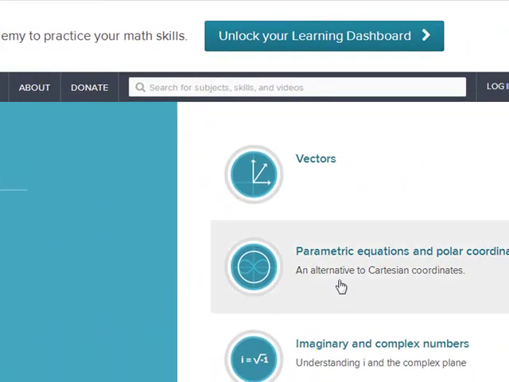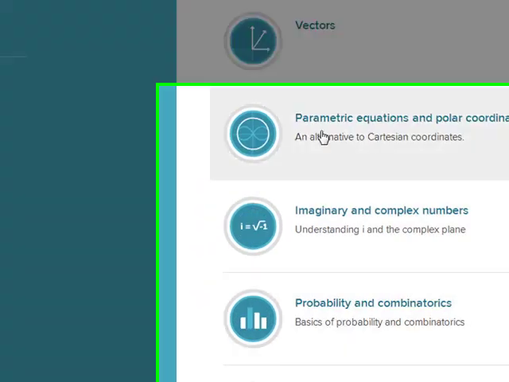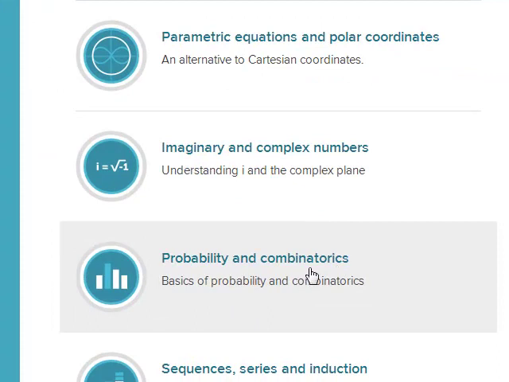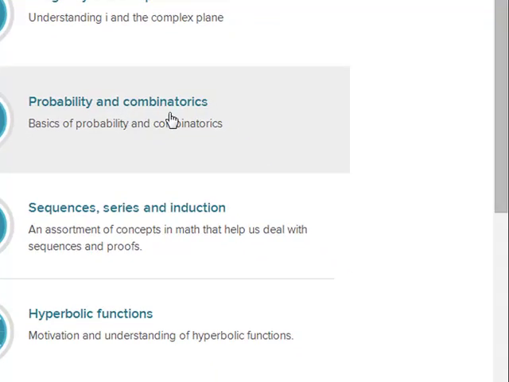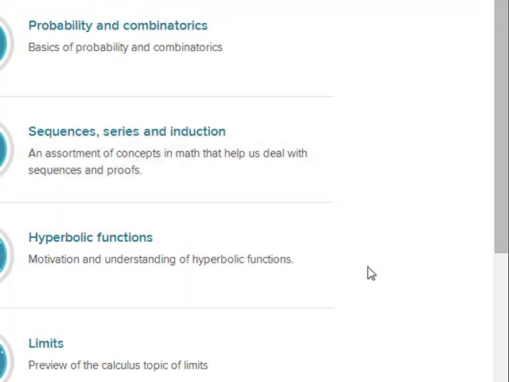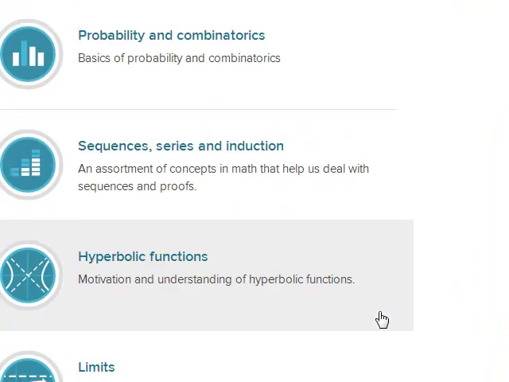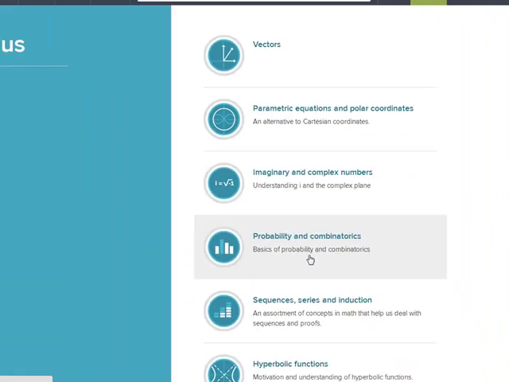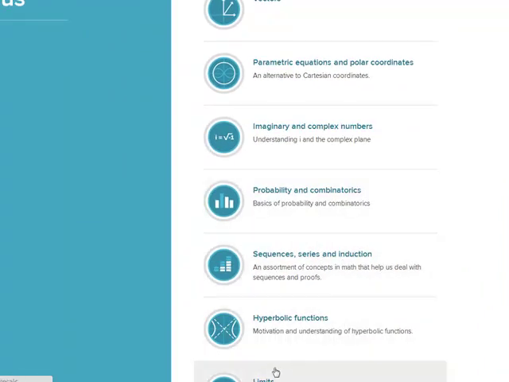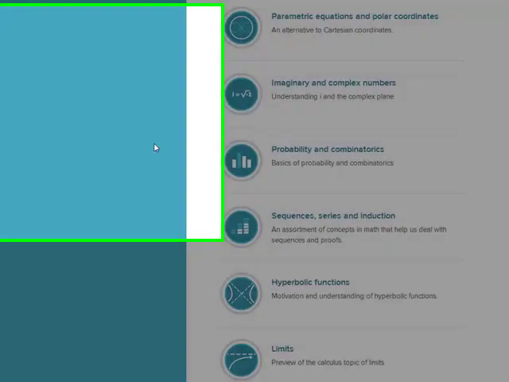Now, moving into pre-calculus, some of it I've already learned, obviously the probability and combinatorics, I guess. Some of this is really not useful for trading. Parametric equations is important. Limits is important, and some other stuff as well.